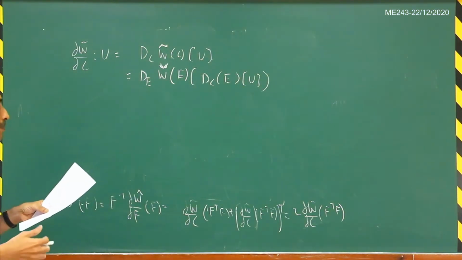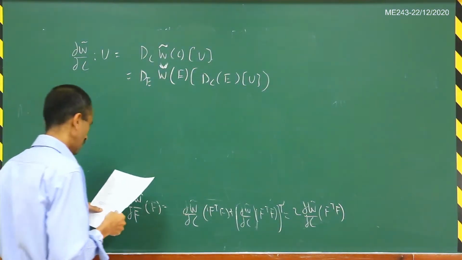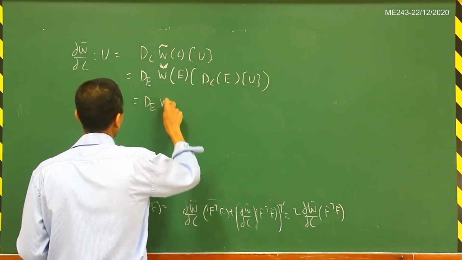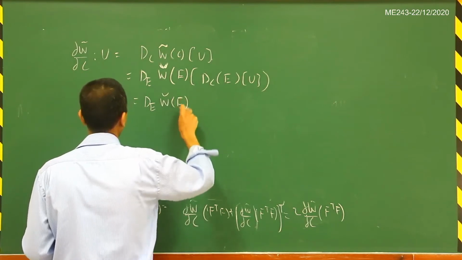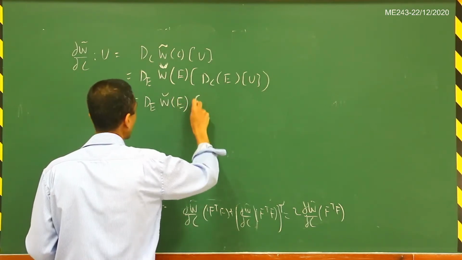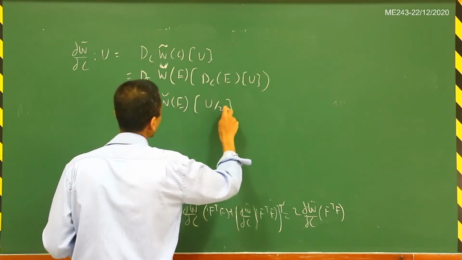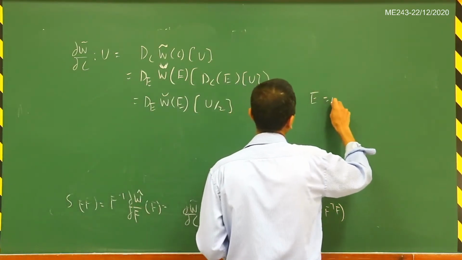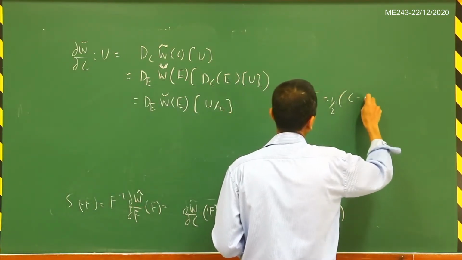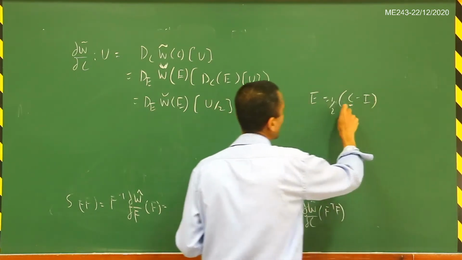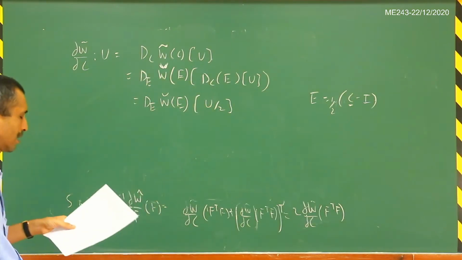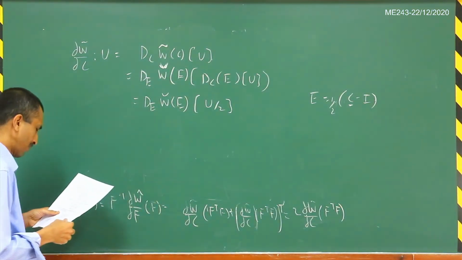So this is equal to D_E of this W check of E times U by 2. This relation comes because E is equal to half of C minus I. So when you perturb the C with U, you get half of U. That is the reason that you get this U by 2 here.